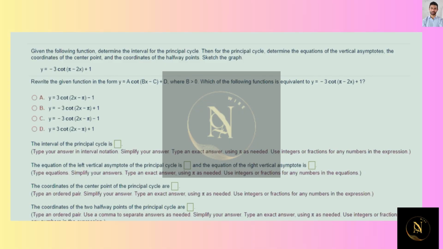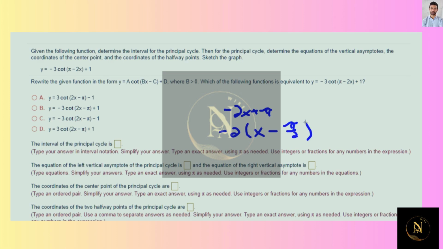Because we can write pi minus 2x that we're taking the cotangent of as negative 2x plus pi, and then we can factor out the negative 2 actually, and that we would get x minus pi over 2.